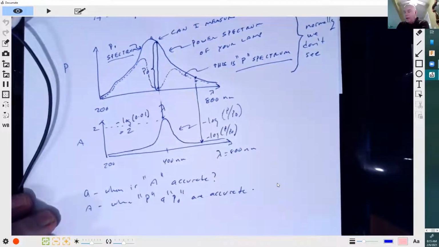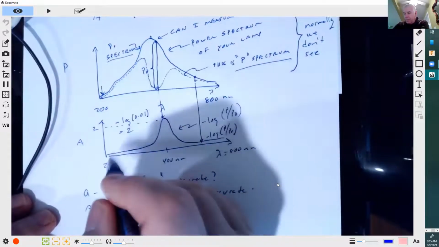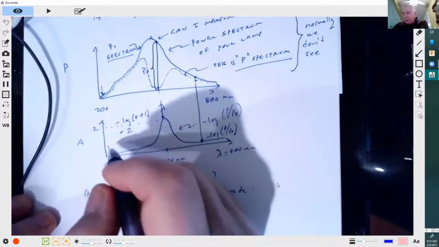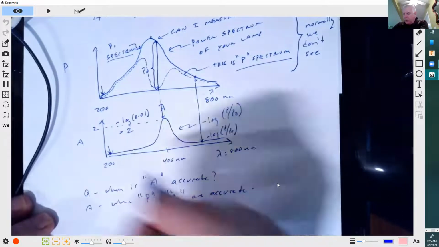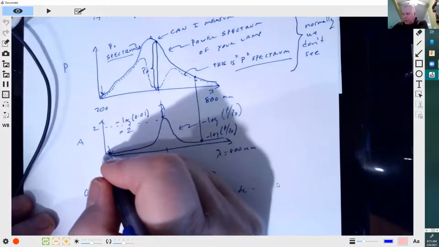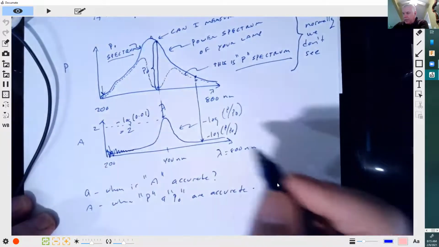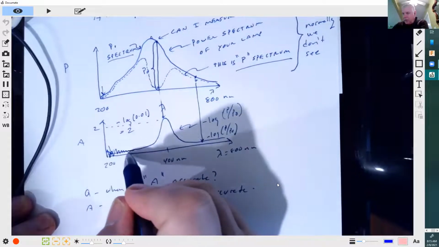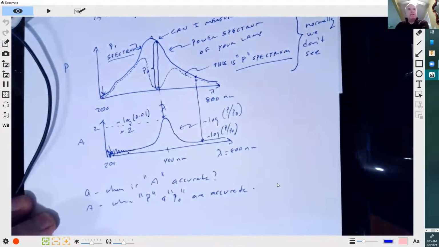So for example, at this point here, there's probably a fairly significant amount of noise. So if I were to draw this a little bit more realistically, I would probably draw it like this, where there was some noise here. Does that make sense?